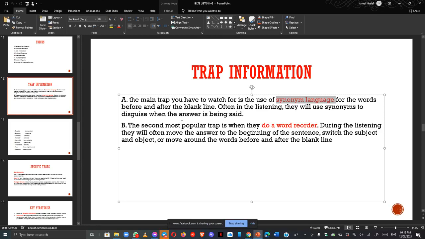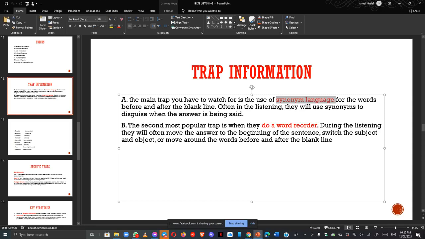The examiners will express the same meaning using different words by synonym language, by paraphrasing. Don't expect to hear the exact same words. So, as soon as you underline a keyword, directly think of how the examiners will say it in a different way. Often in the listening, they will use synonyms to disguise when the answer is being said.